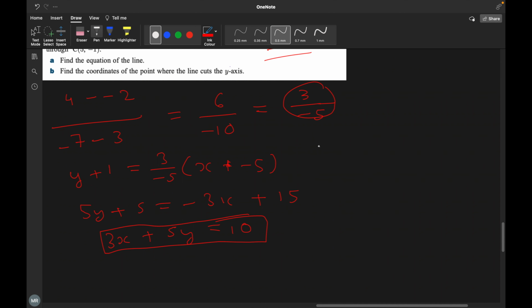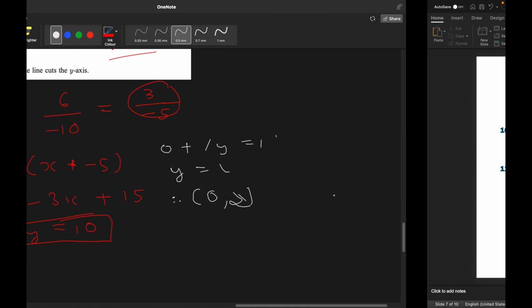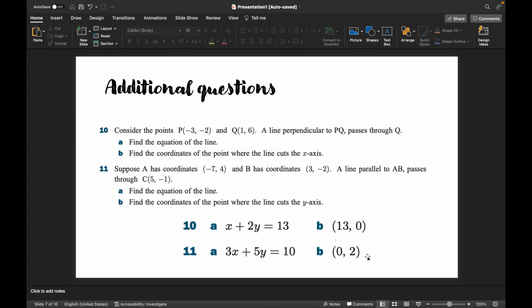So let x equal 0. So 5y equals 10, so y will be 2. Therefore, the coordinate would be (0, 2). Okay, let's check our answer. Yes, this is also what we got.